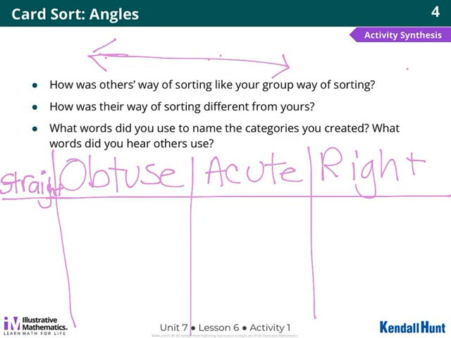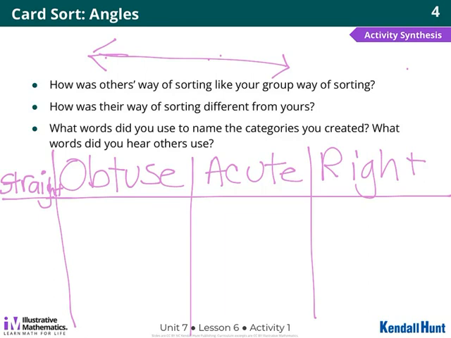So most of you guys, when I walked around, this is how you had it set up. Some of you had straight, some of you did not. Did anybody have different category titles? Okay, what were they? Well, I wasn't looking at the angles, I was looking at the letters, like if they had parallel lines or not.